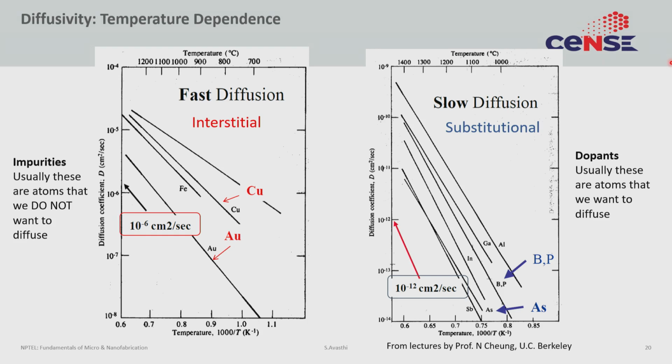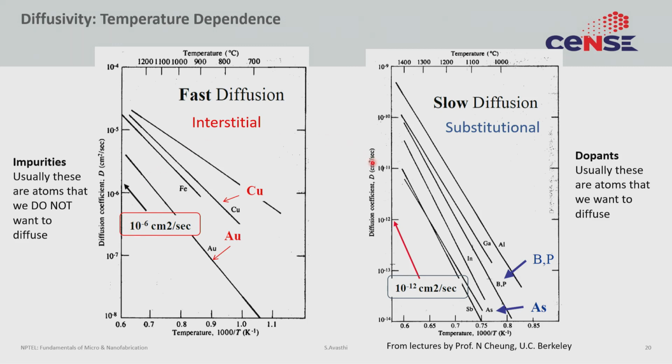These are also impurities that we in general want to avoid inside a semiconductor. So, these are problem cases, these are things we do not want to diffuse. However, because they are interstitial, their activation energies are lower and their diffusivity coefficients are higher. It is easier for these impurities to move. Typical value is around 10 power minus 6 centimeter square per second. Of course, it varies with elements.